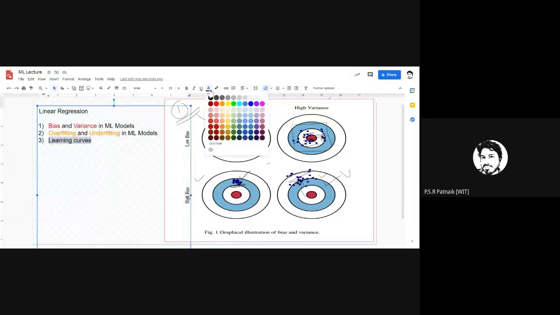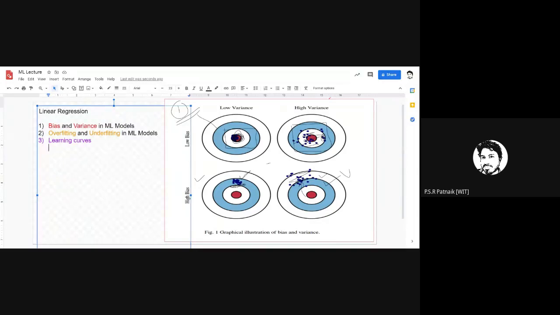During the training process, the learning curves give me an indication whether my model is overfitting or underfitting. If my model is overfitting, it will most likely result in variance. If my model is underfitting, it could most likely result in bias. That's the standard behavior.